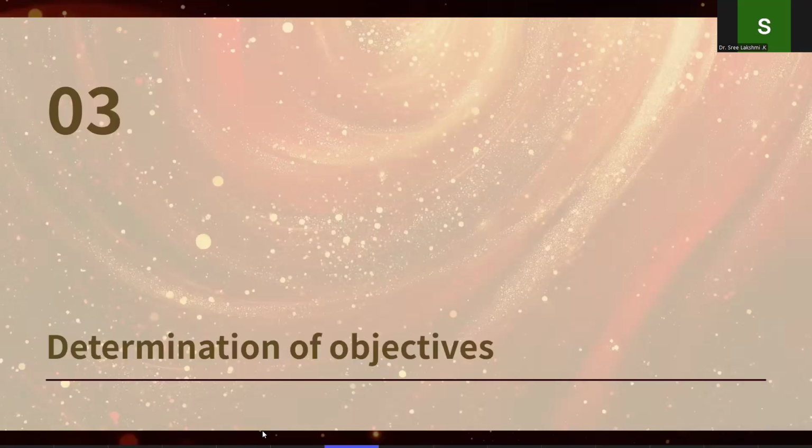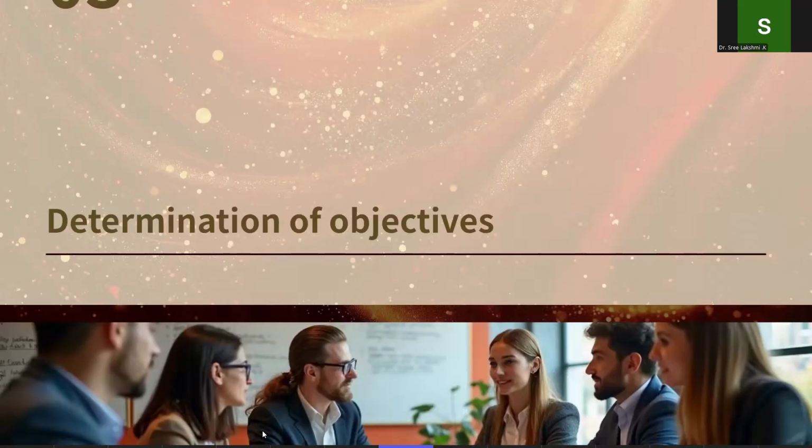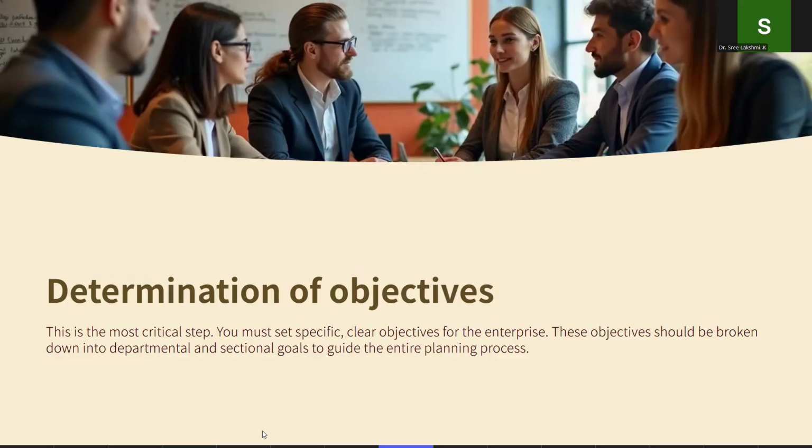The third step is determination of objectives. It is one of the most critical steps as the company must set specific, clear objectives for the organization. These objectives should be broken down into departmental and sectional goals in order to guide the entire planning process.